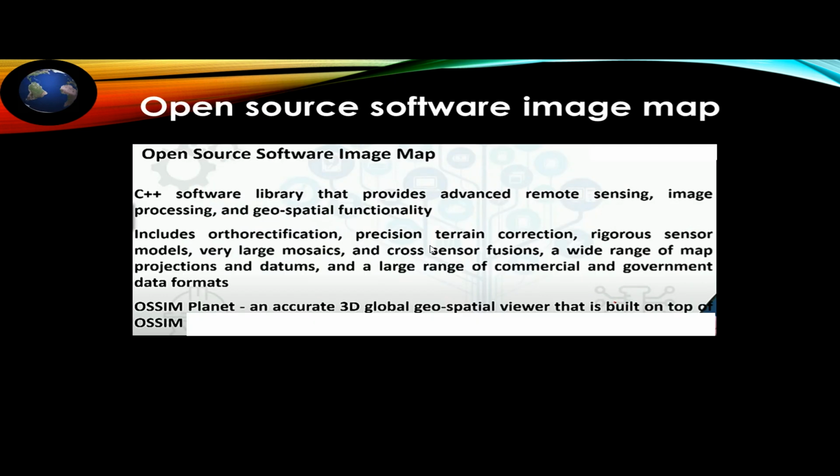And then you have open source software for image mapping. The open source software like OSSIM, sir taught, has a background of C++ coding, a software library that provides advanced remote sensing, image processing and geospatial functionality. It includes orthorectification. Do you know what orthorectification is? You have GIS imagery or a photograph of a particular region which has been taken from a particular elevation or altitude, like aerial photography.